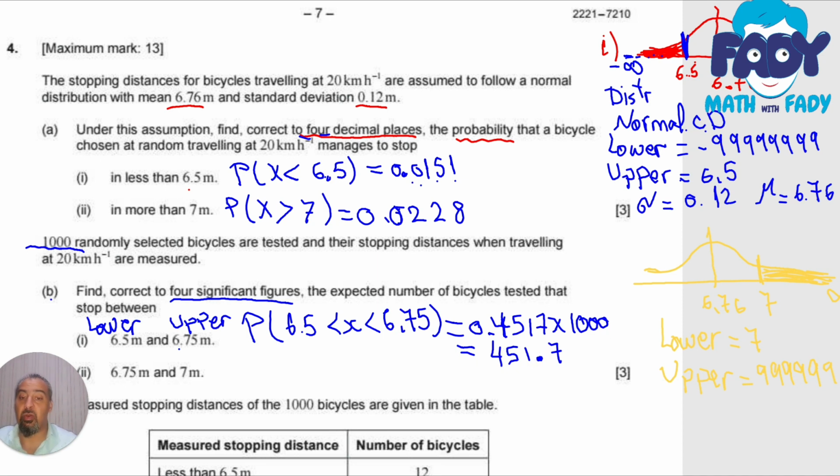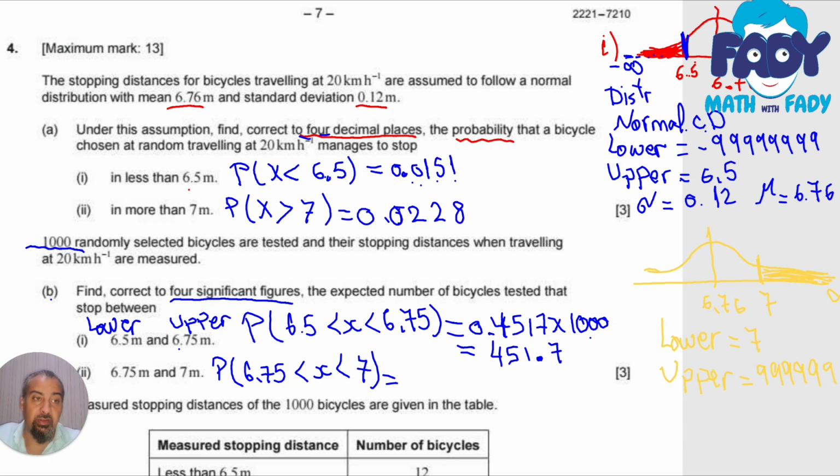451.7, this is our 4 significant figures. So we are calculating the probability, multiply by 1,000, we will get the expected. The same for double I, probability x is between 6.75 and 7.